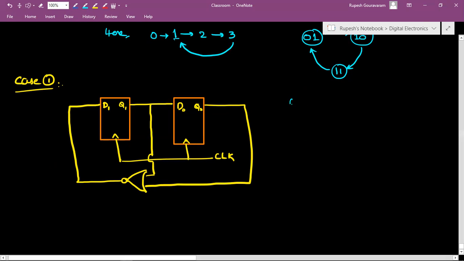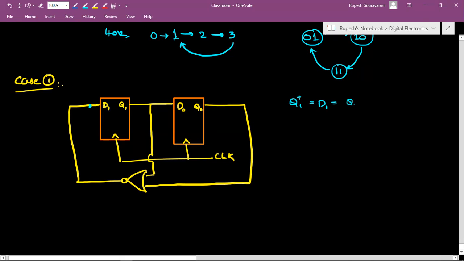The next state, that is Q1 plus, will be D1, is it not? Whatever the value is at D of the D flip-flop, the same will be replicated in Q1. So what is D1? D1 is the NOR gate of Q1 and Q0.